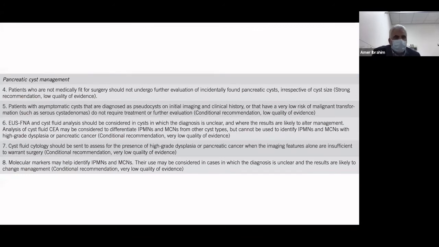So the bottom line is, before you go through follow-up or resection, you need to ask yourself a question: is the patient fit enough to receive the treatment or not? Because if he's not fit enough to receive the treatment, why are we doing an invasive procedure like endoscopic ultrasound to obtain a diagnosis? That is not in the patient's best interest.